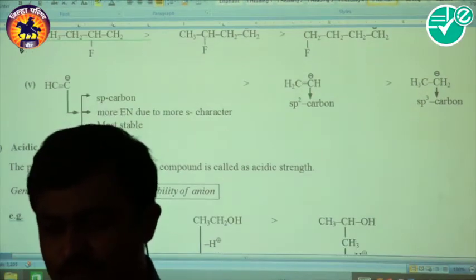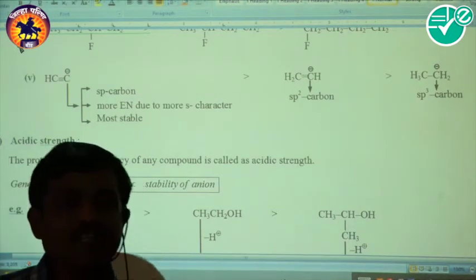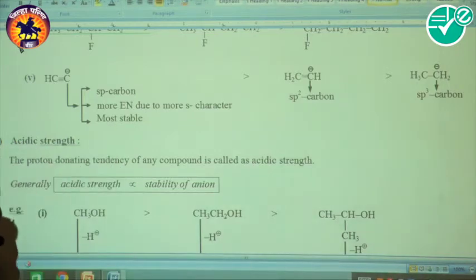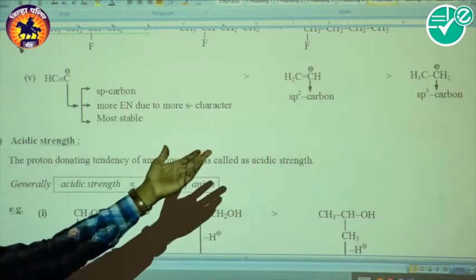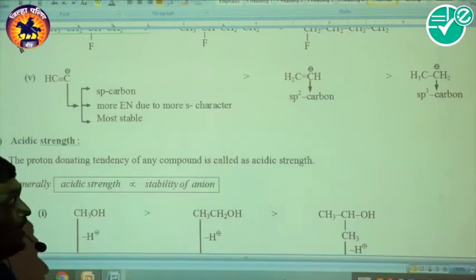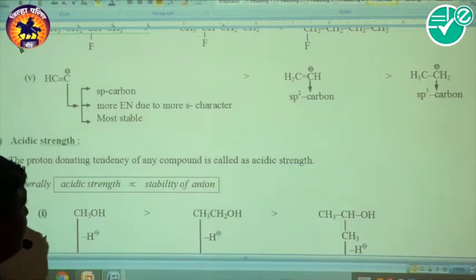Now look at this. If a triple bond is there, that is sp hybridization; if a double bond is there, sp2 hybridization; and if a single bond is there, sp3 hybridization.